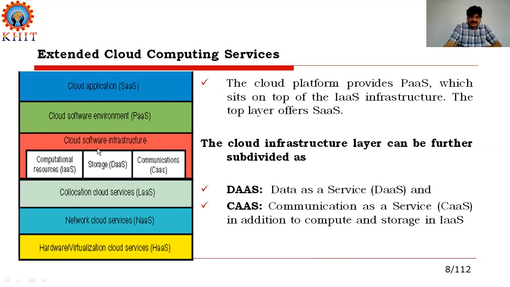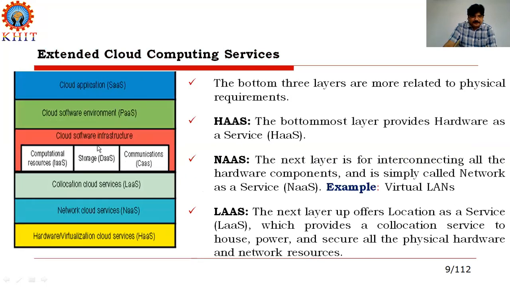The cloud infrastructure layer can be further subdivided into storage as a service, or other name data as a service, and communication as a service. In addition to that, we have compute and storage infrastructure as a service. These 3 are considered subdivisions of infrastructure as a service.